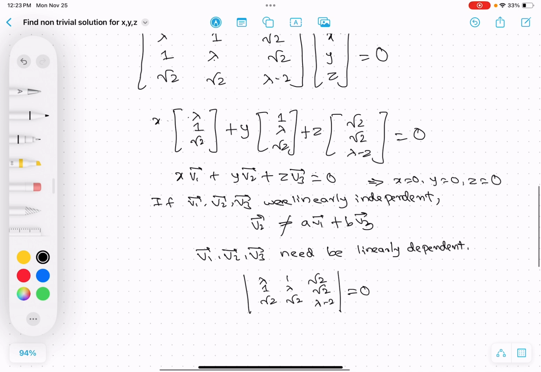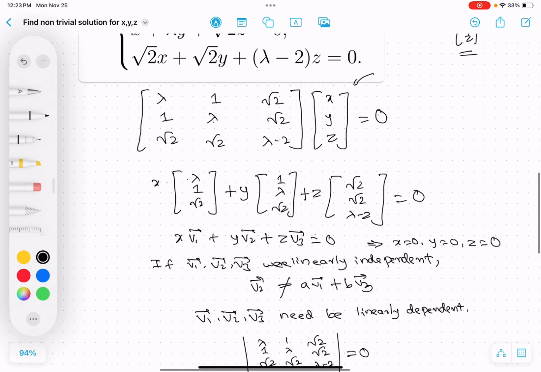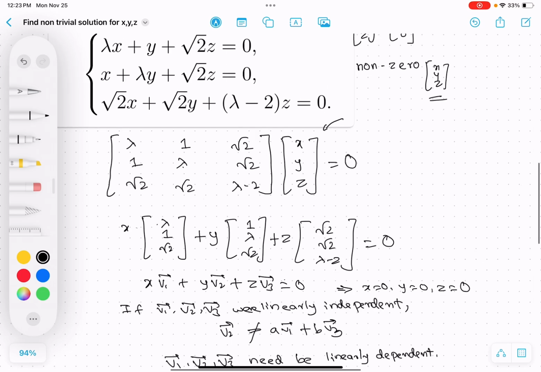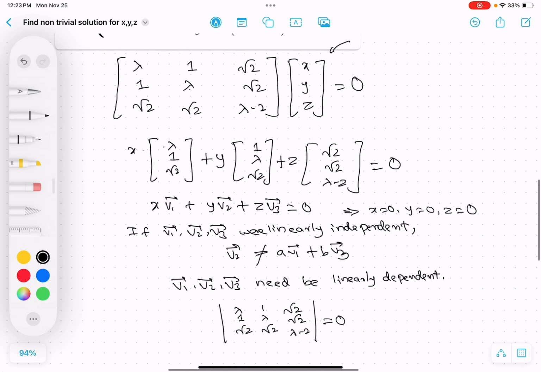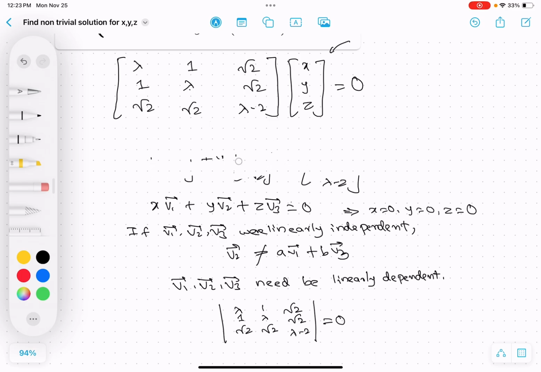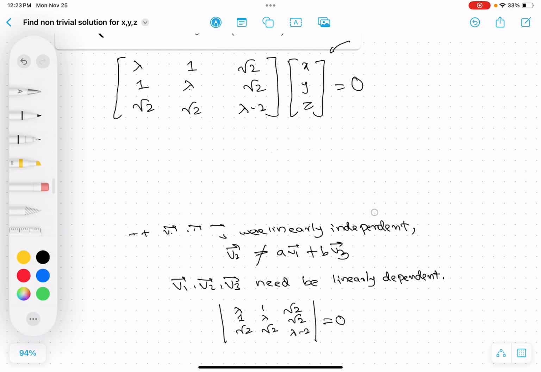So now we finally believe that for this thing to be equal to 0 with x, y, z being non-zero, the determinant of this matrix should be 0. Now I think you fully agree with me, and there are no chances that you disagree.